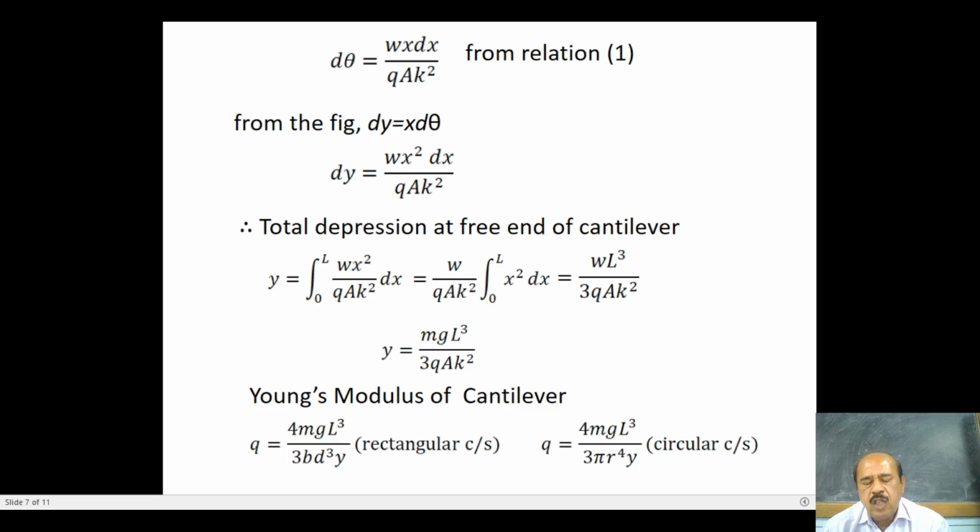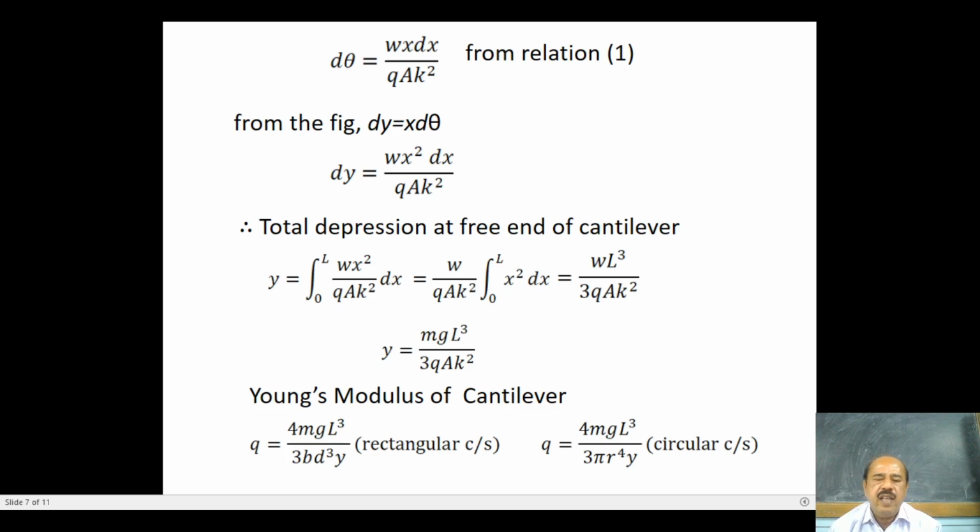Sometimes you may be asked for a circular cross section, in which case Y equals 4 m g L cube divided by 3 pi r to the power 4 into y. The general expression is 4 m g L cube divided by its geometrical moment of inertia.